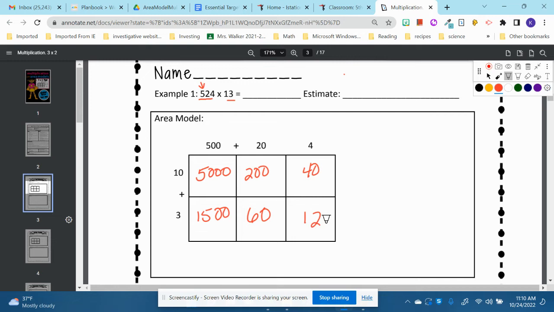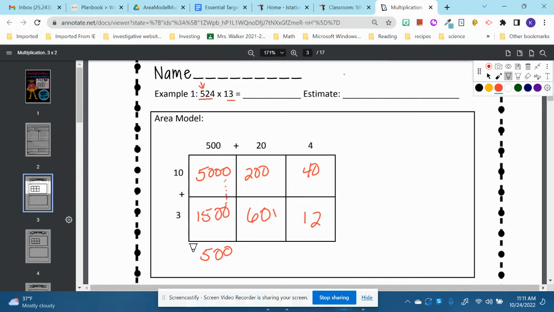Now I'm going to add these up. I can either add 3 different columns, or I can add this way. I'm going to add this way, and I'm going to make sure my place values are lined up when I do it. 0 plus 0 is 0. 0 plus 0 is 0. 0 plus 5 is 5.